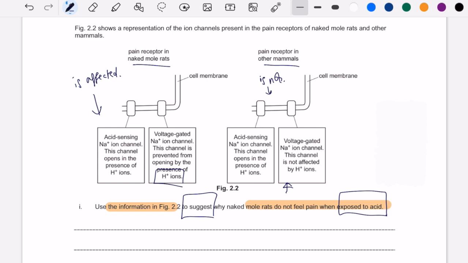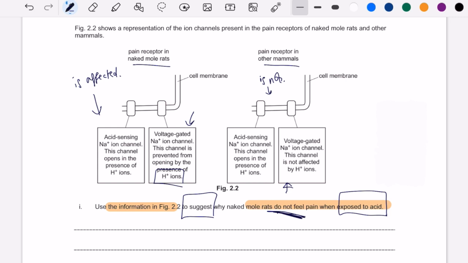Right, so, if they do not feel pain when exposed to H plus ions, think to yourself, what is this box actually trying to say? It's saying that the channel can't open if there's H plus ions, so then, does that not mean there'll be no sodium ion channels open?